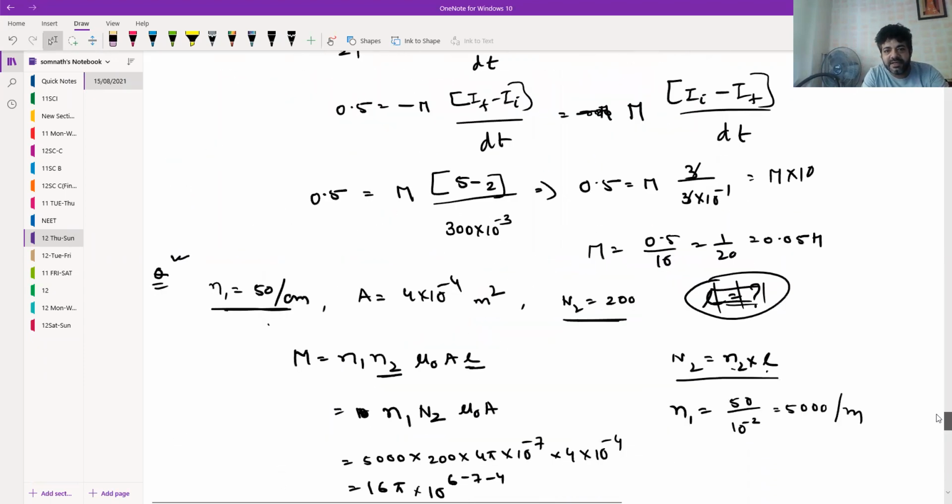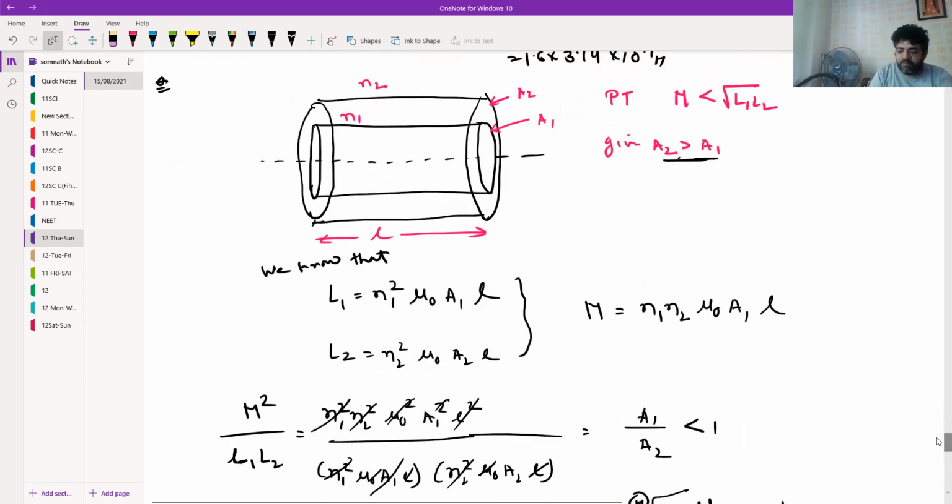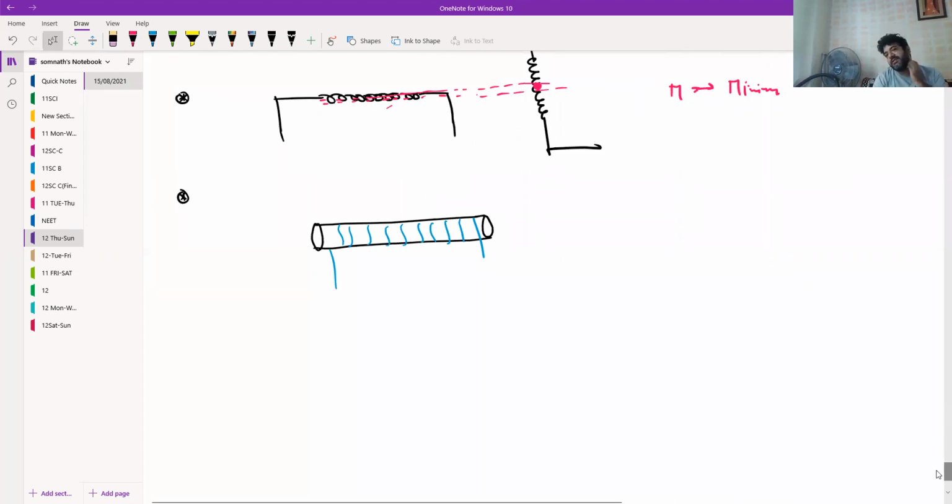It always depends on this area. We don't take the rest as an area for the mutual flux. So if I am taking the same area, this area is common for both, and if I try to put the secondary coil in such a way that it is exactly in the middle of the primary coil.